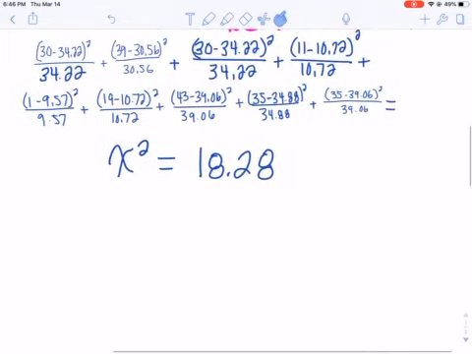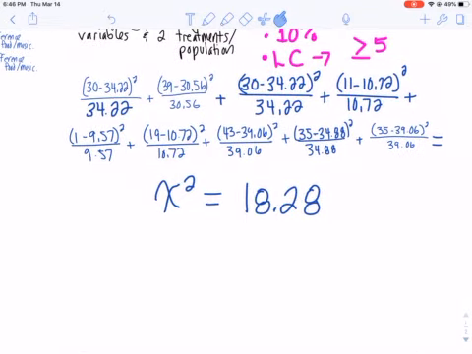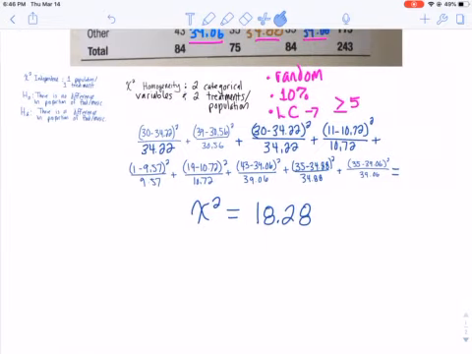Alright, so we got our Chi-Square statistic. What do we do with this now? Now we know how to use our table and degrees of freedom. We have to figure out the degrees of freedom.